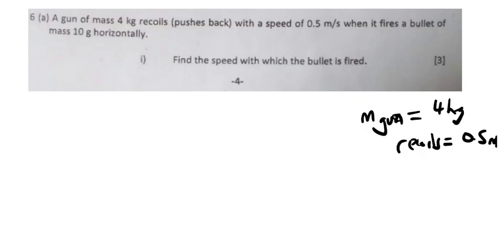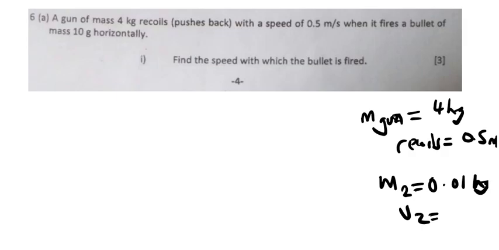Then it fires a bullet of mass 10 grams. We have another mass, the mass of the bullet, which I'm going to call M2. In this case, we've been given that it is 10 grams. The 10 grams we're supposed to convert to kg, right? So we're going to divide by 1000, and I'm going to get 0.01 kg. Okay, then the V2 is what we don't know.